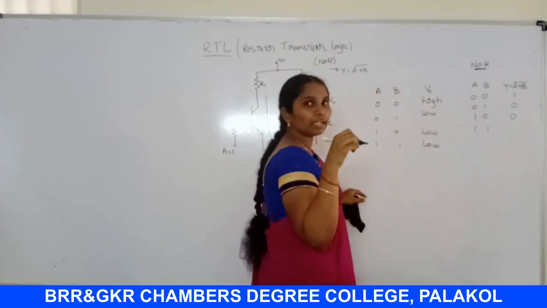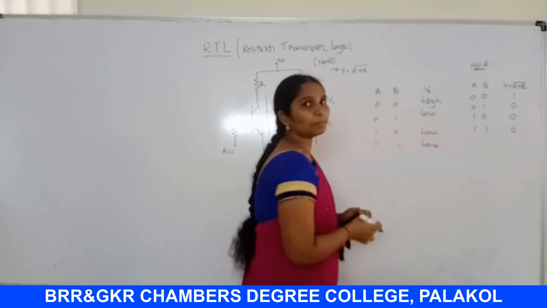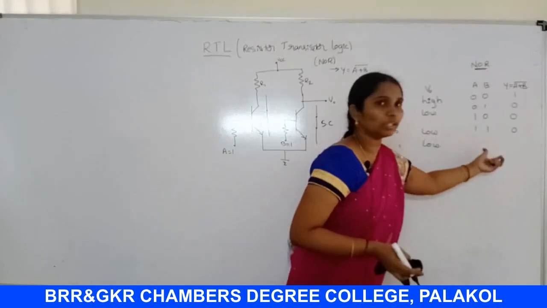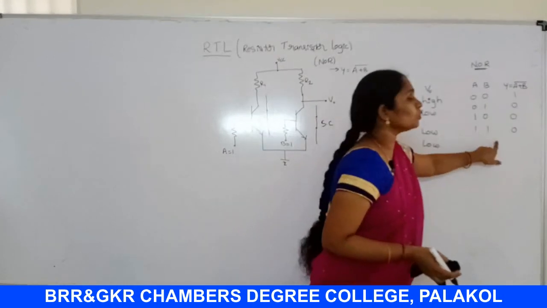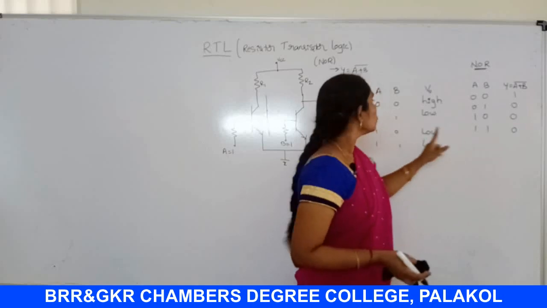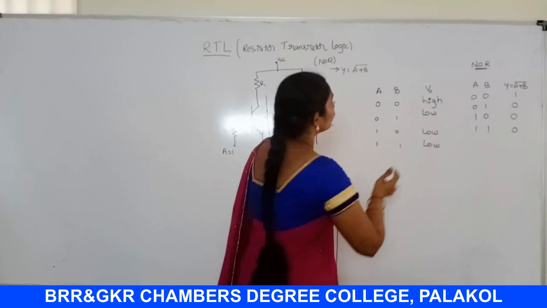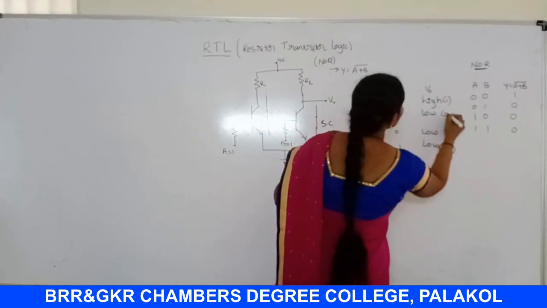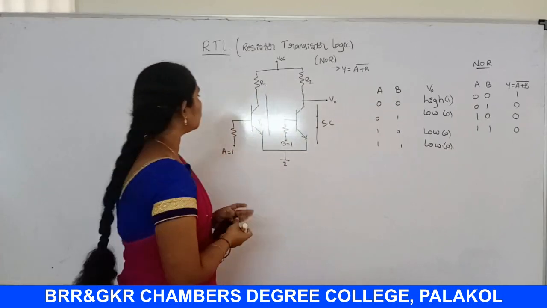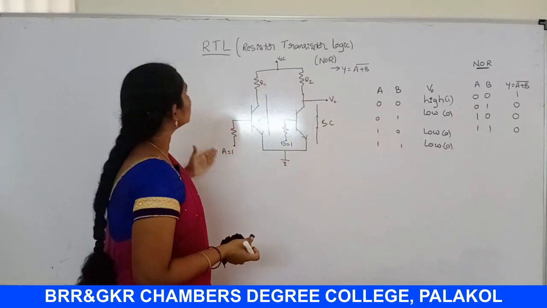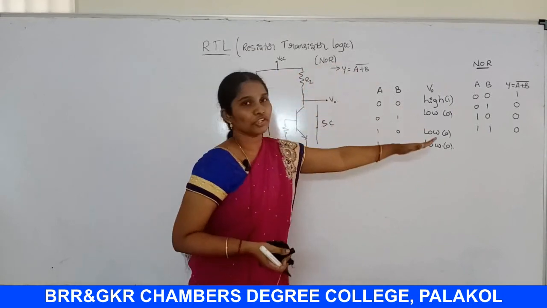And 1 plus 1 is 1, 1 bar is 0. Now we compare these two truth tables, the RTL one and the NOR one. Both tables are the same, where high is 1 and low is 0. Therefore the RTL logic is implemented by using the NOR logic.